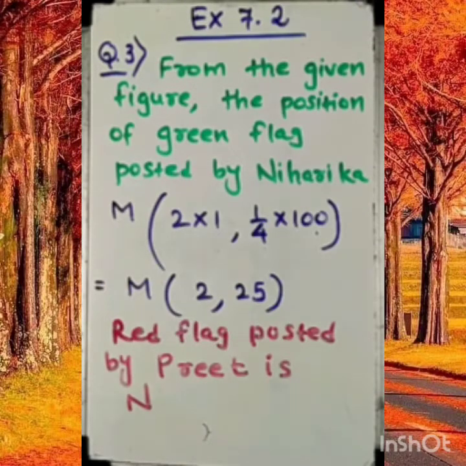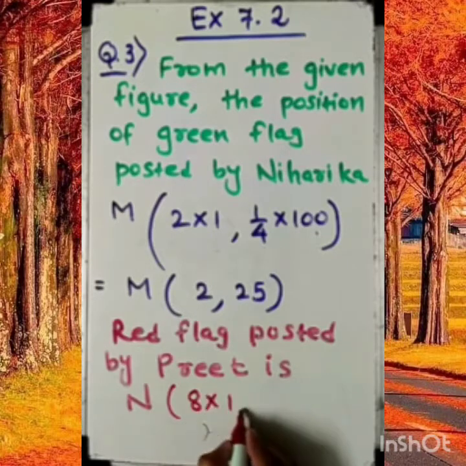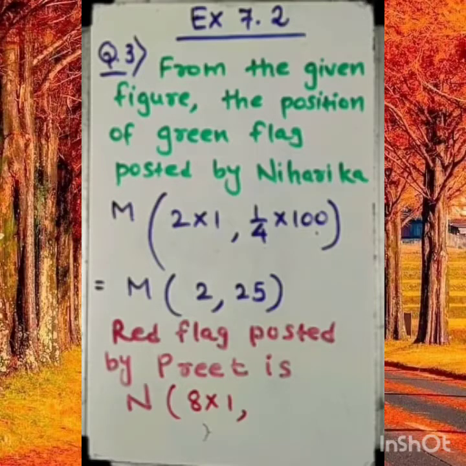According to the figure, on the x-axis it is 8 into 1. Its position is here on the 8th place. And it is given in the question that it is 1/5 of the distance AD. 1/5 of AD means 1/5 of 100, because AD equals 100, the total distance where the 100 flower pots are kept.